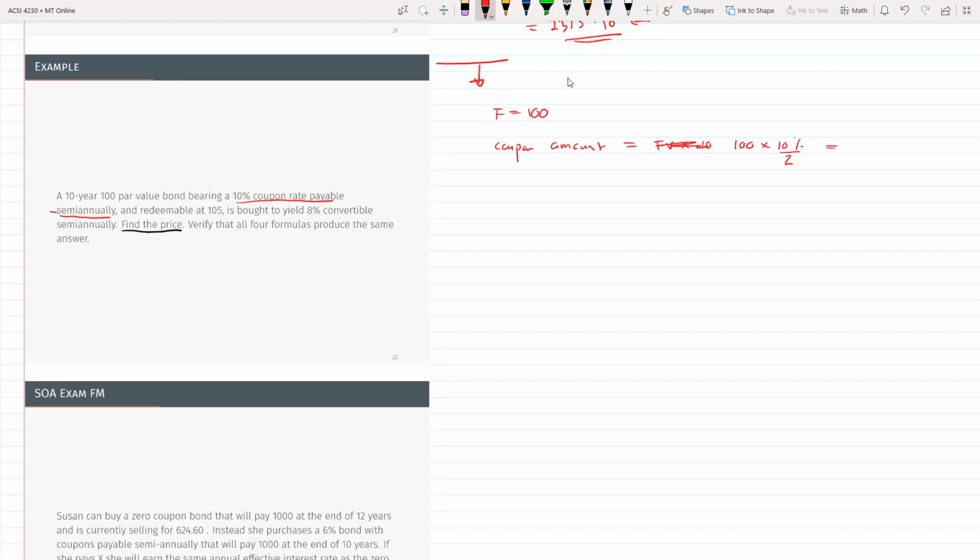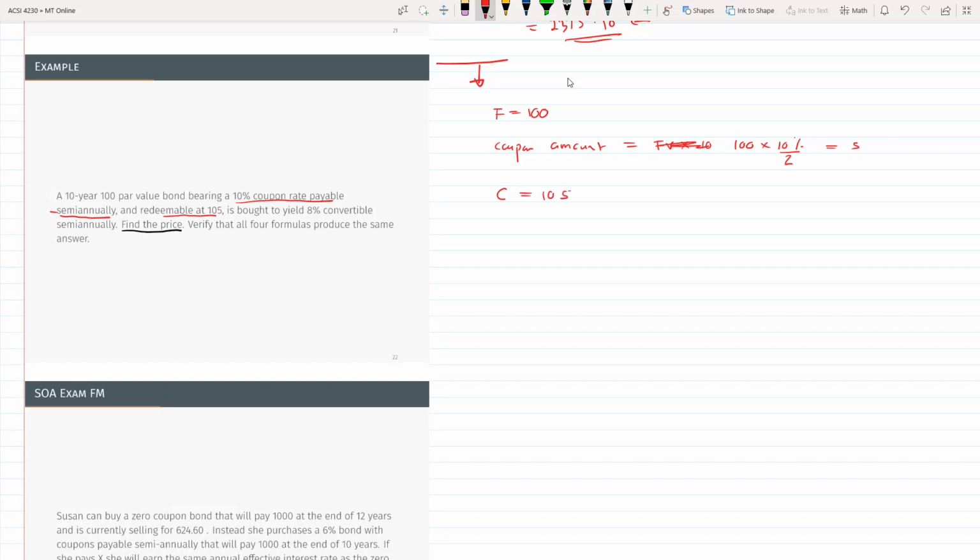So you would get $5. Then it is redeemed at 105, so the C is 105.